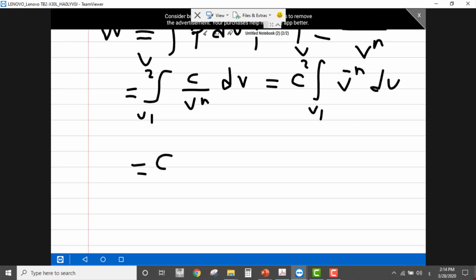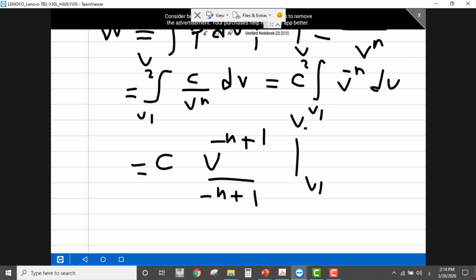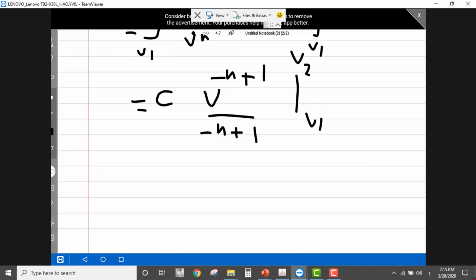C V to the power minus n plus 1 divided by minus n plus 1, from V1 to V2. And this is equal to C V2 to the power minus n plus 1.